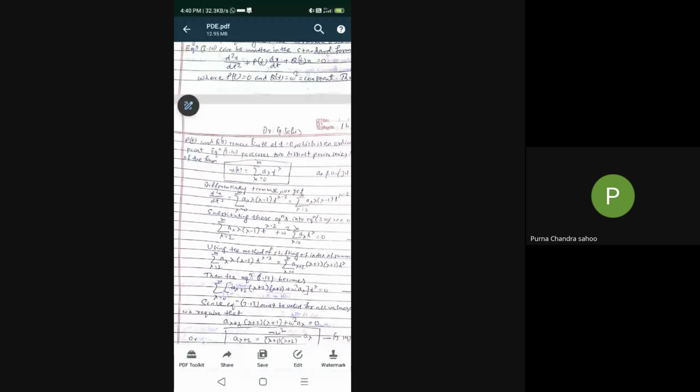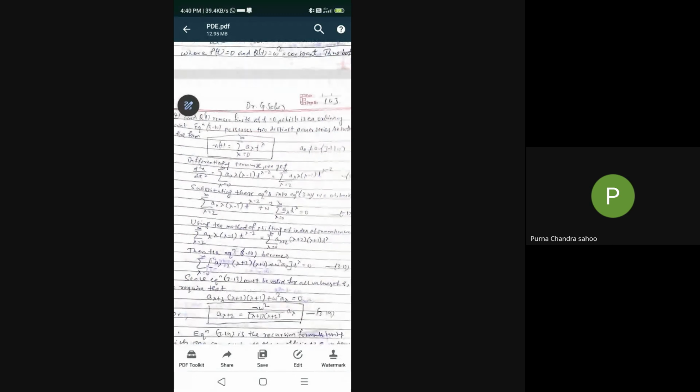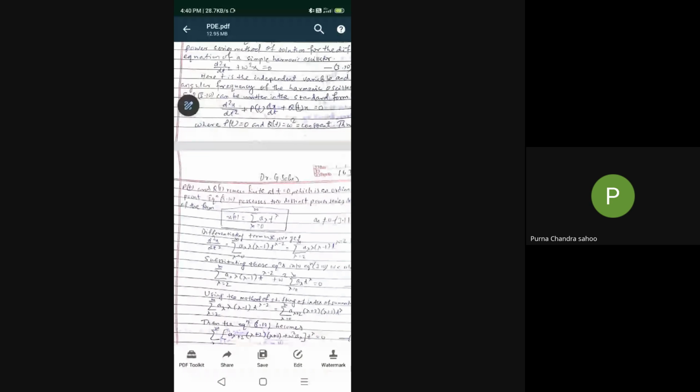Now substituting these equations, you can have your d square x by dt square, then your p(t) term is equal to 0.